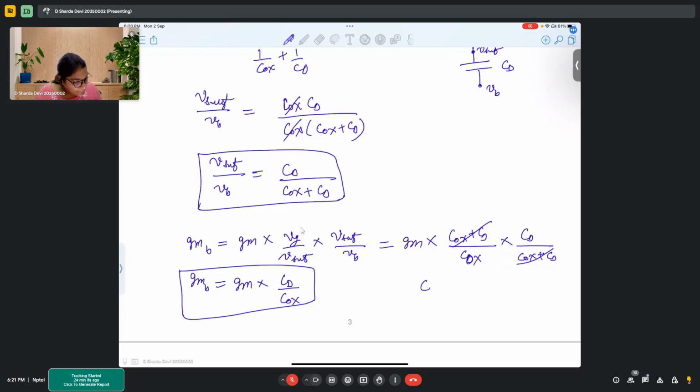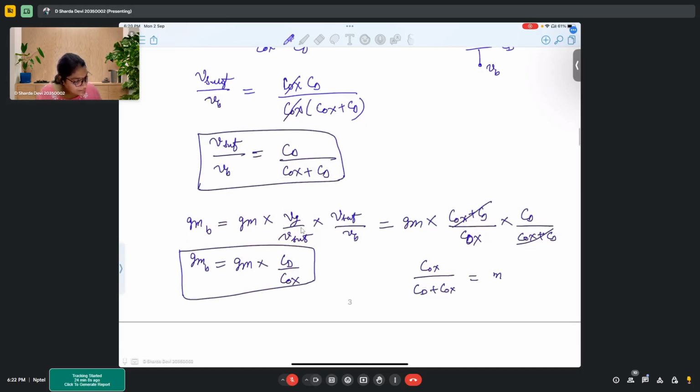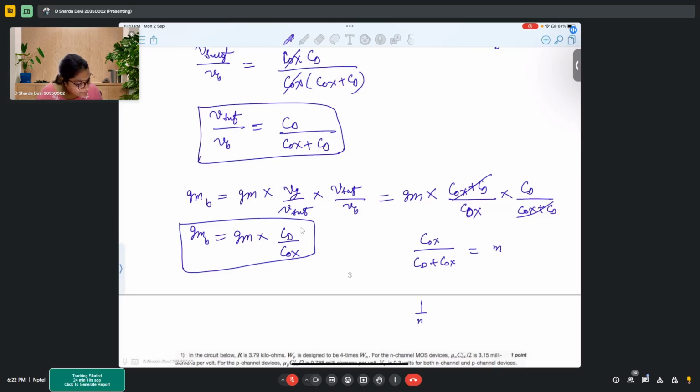Now we know Cox upon Cd plus Cox is m. So 1 by m is Cd plus Cox by Cox, which is Cd by Cox plus 1.